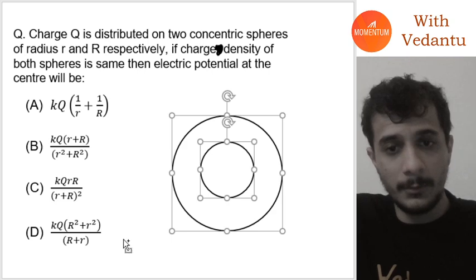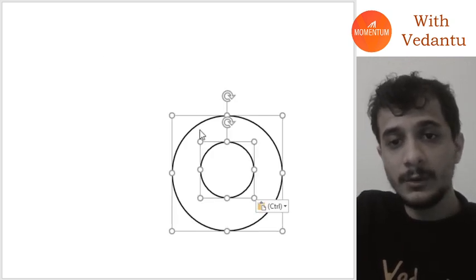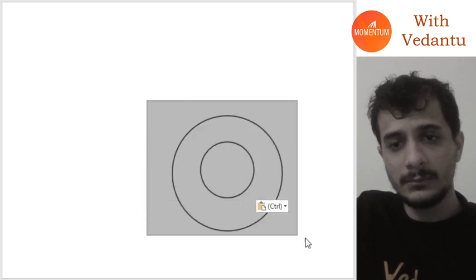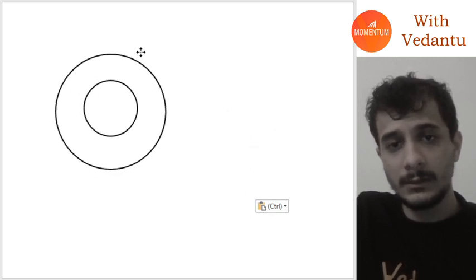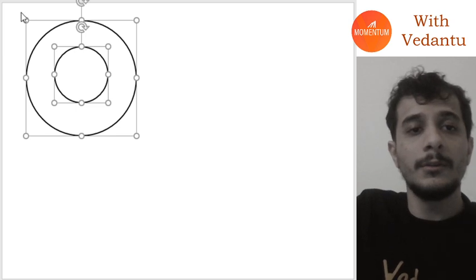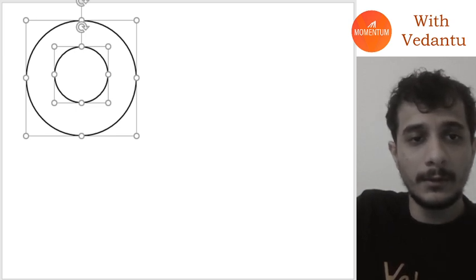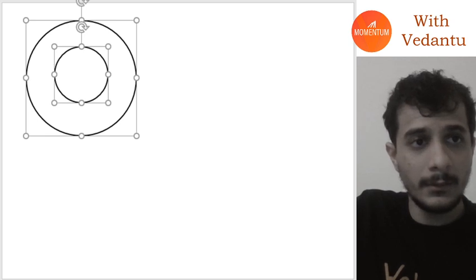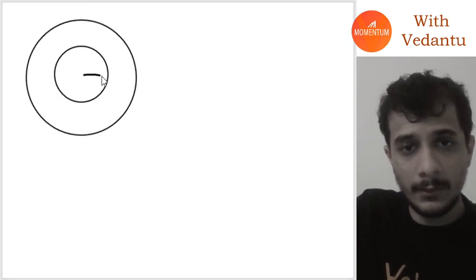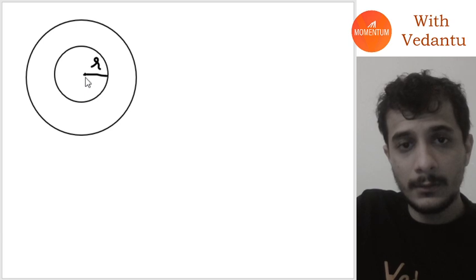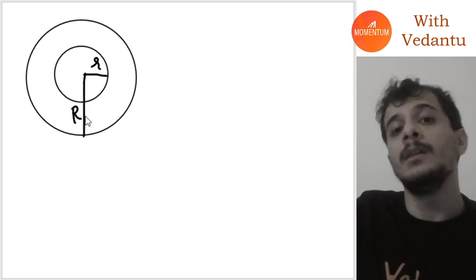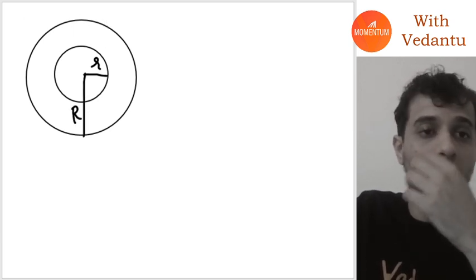Let me just copy this onto a new page. That will be better. So both of them have radii r and capital R respectively. Let's say this radius is equal to r, and this radius is equal to capital R, and charge q is distributed on both of them.